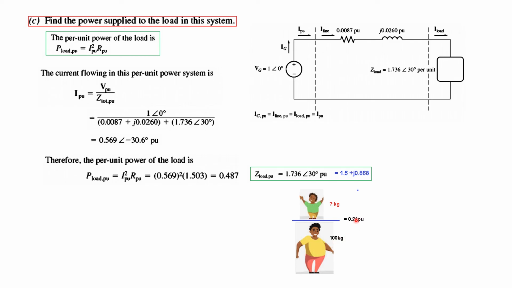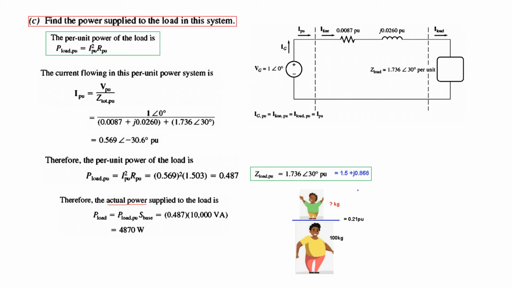So exactly the same thing will follow here. That is, to find the actual value, we multiply the per unit value with the base. So power load in per unit multiplied by the apparent power or base power, which was 10 kVA. So the power load is 4870 watt.